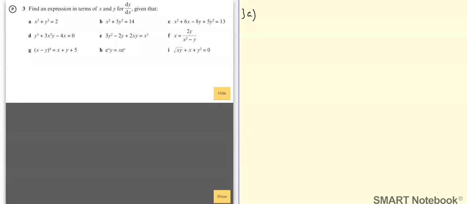So here, what do we have? We've got x squared plus y cubed equals 2. When I differentiate x squared, what do I get? 2x. So that term is done. When I differentiate y cubed, what am I going to get? 3y squared. And because I've differentiated a y term, I'm going to multiply that by dy by dx.